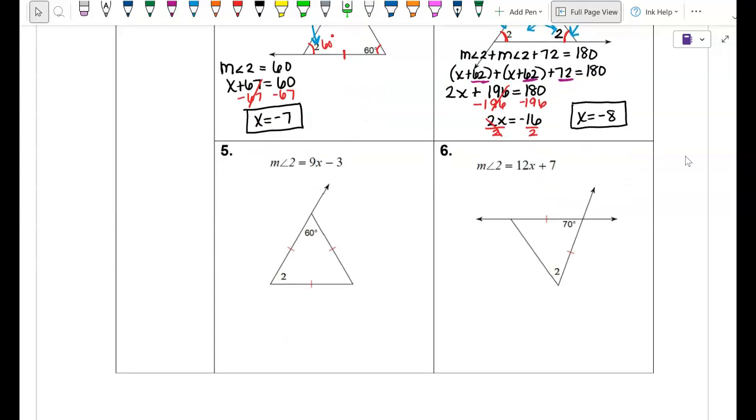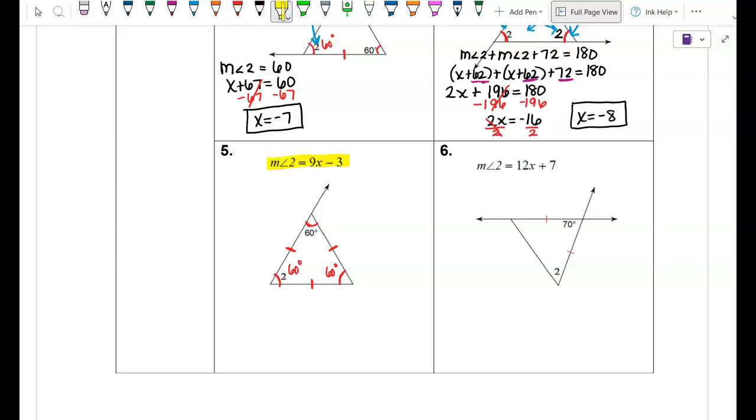All right, number 5. Do I have an isosceles triangle or an equilateral triangle? Equilateral. I have all three sides marked, which means that all three angles are also congruent, which means all three angles are also 60 degrees.